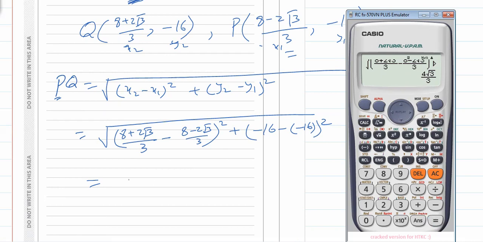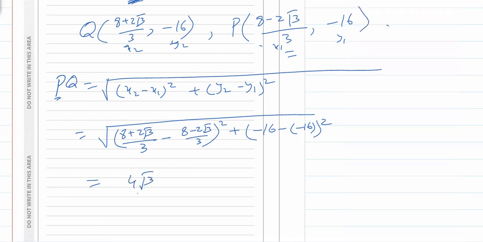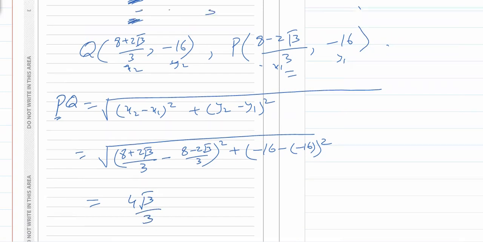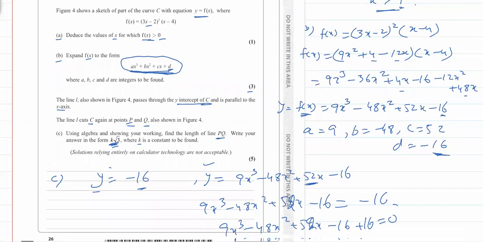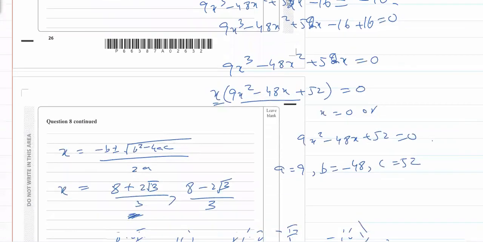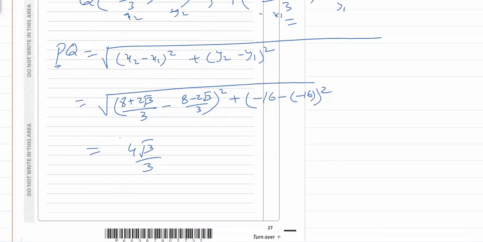Your answer is 4 square root of 3 over 3. The question is saying your answer should be in the form k square root of 3. So we can write it in that form. It can be 4 square root of 3 over 3.